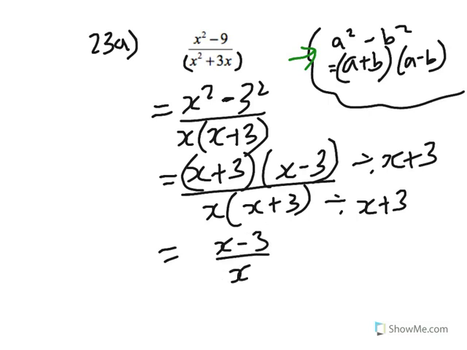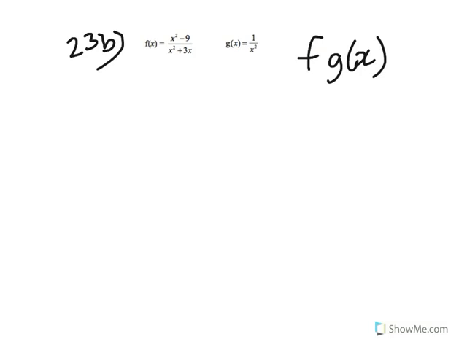Alright, so 23b. You're asked to use your answer in part A to simplify f of g of x. In part A, we were asked to simplify this, and we got x minus 3 over x. So f of x is nothing but x minus 3 over x. Now g of x is 1 over x squared.